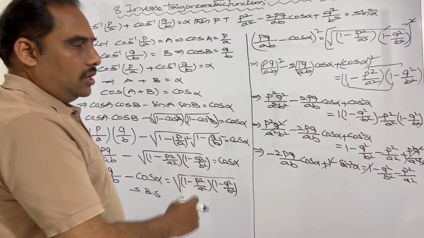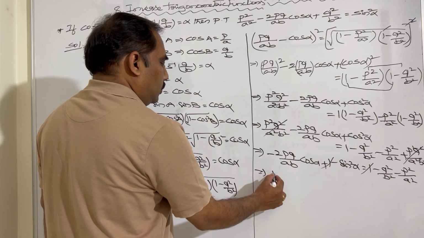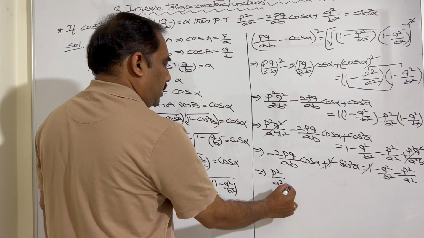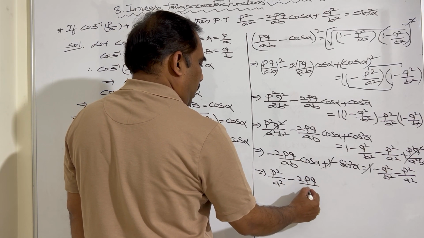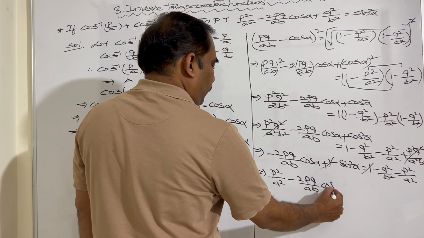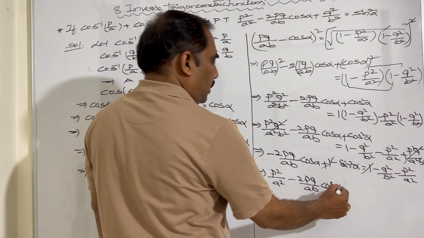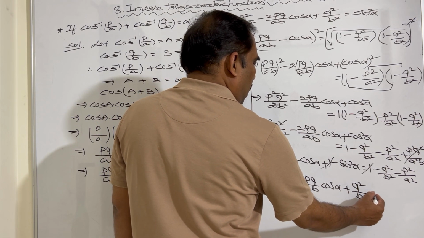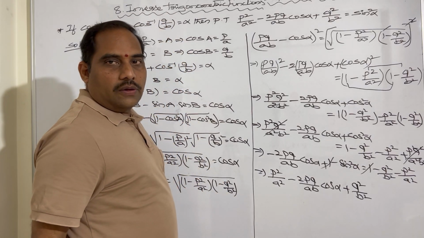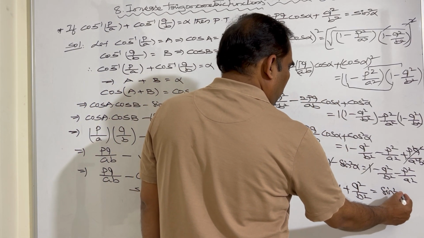If we bring those terms across, it becomes p square by a square, and already minus 2pq by ab cos alpha, and minus q square by b square written on the left side becomes q square by b square, and minus sin square alpha written on the right side becomes plus sin square alpha.